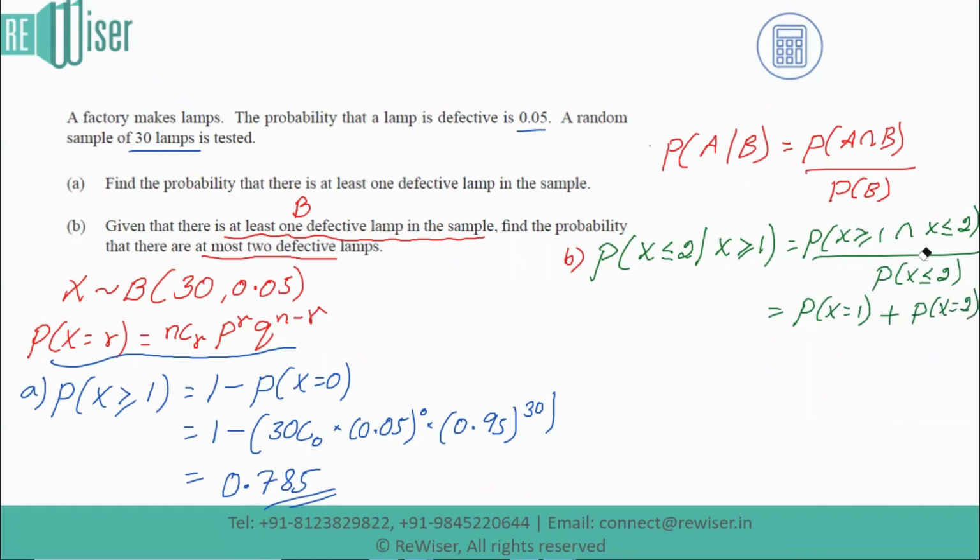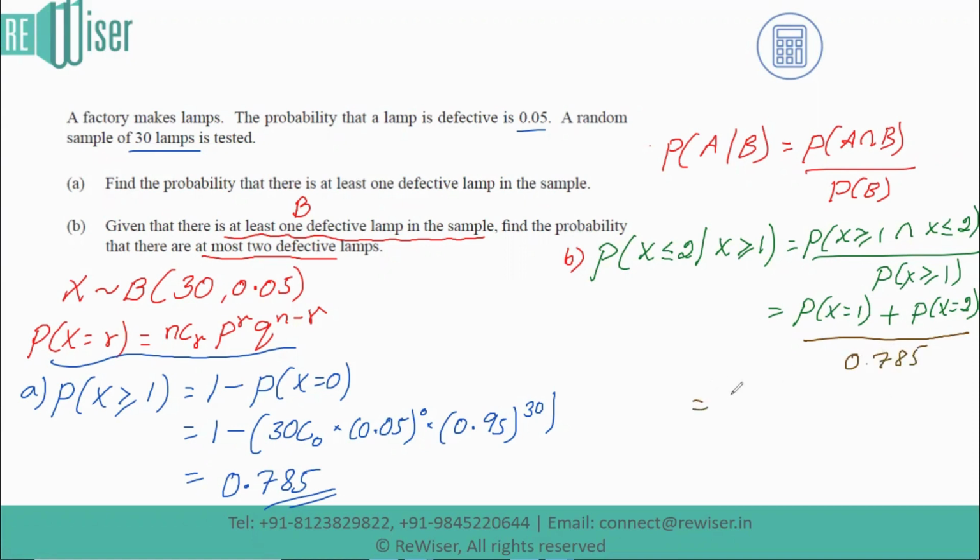For the denominator, it is not X less than or equal to 2, because we are talking about event B, which is X greater than or equal to 1, which we already found. For the denominator, it is just going to be 0.785.